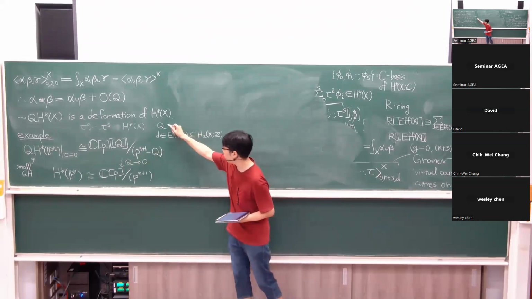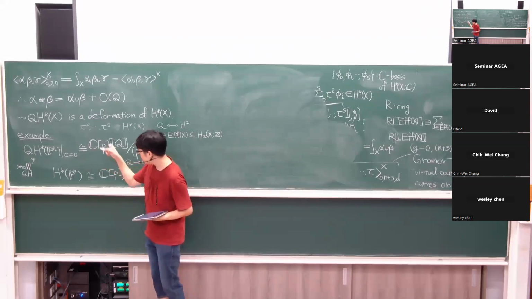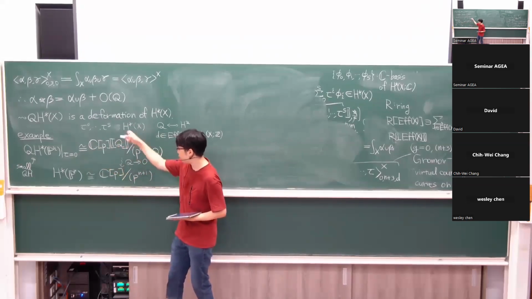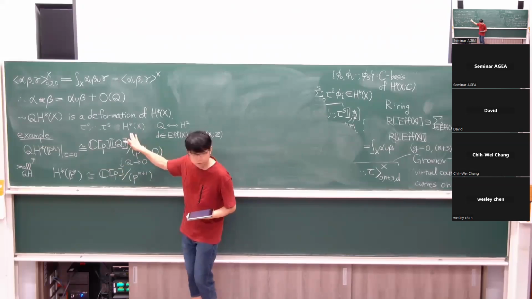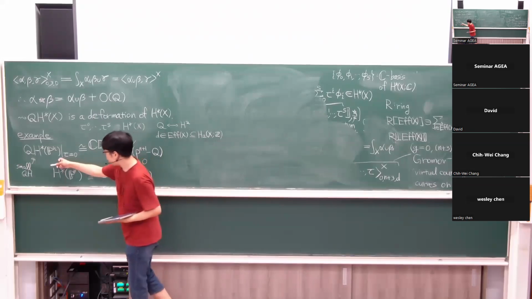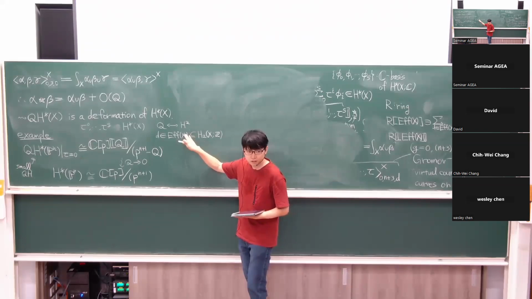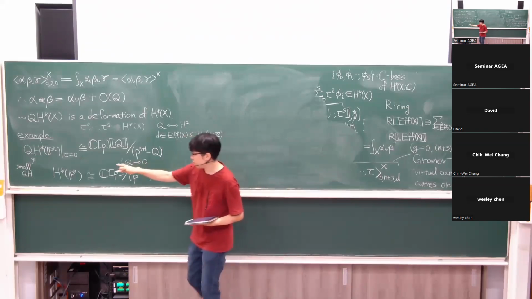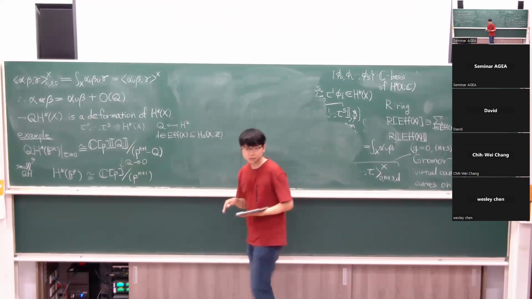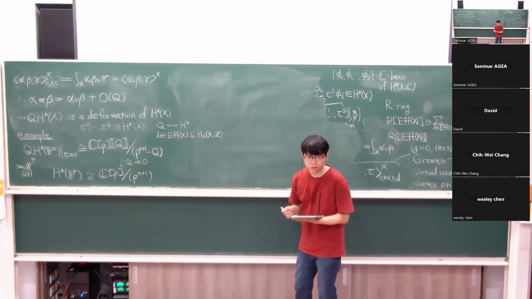So actually, we can deform cohomology in an arbitrary direction in total cohomology, but this corresponds to only considering the direction of H2. It is called small QH. For Fano varieties, maybe many people want to understand small quantum cohomology.